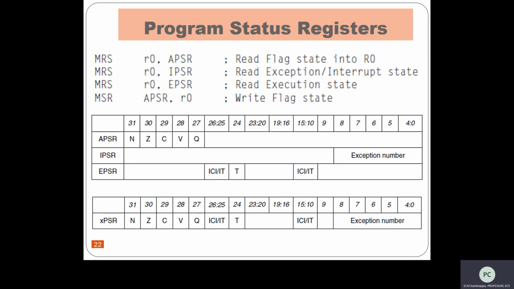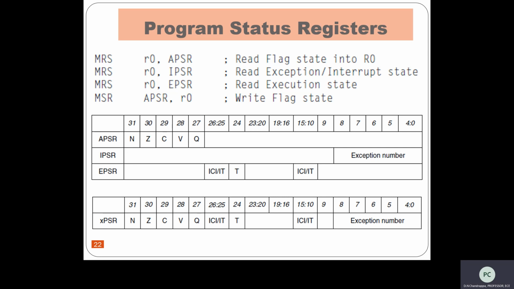It means: read flag status into R0, first one; second, read interrupt state into R0; read execution state into R0; and then write flag state. MSR is the opposite.